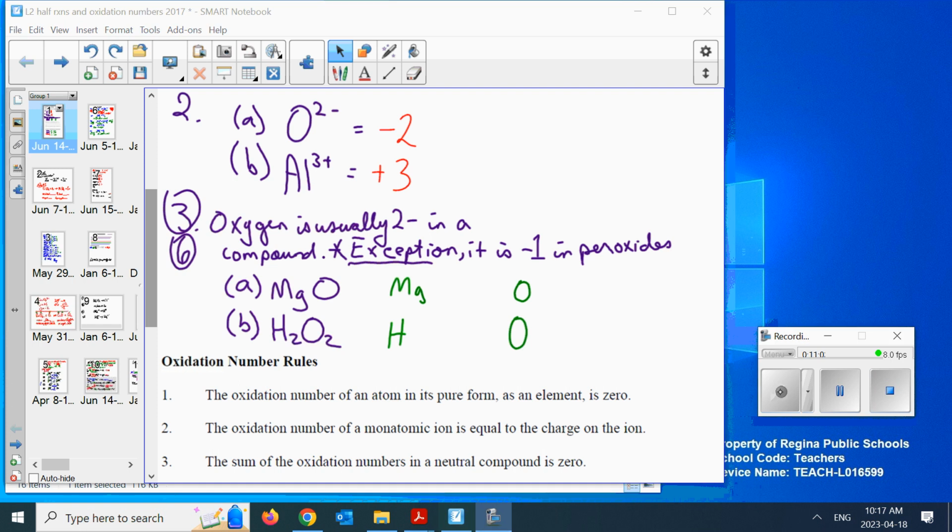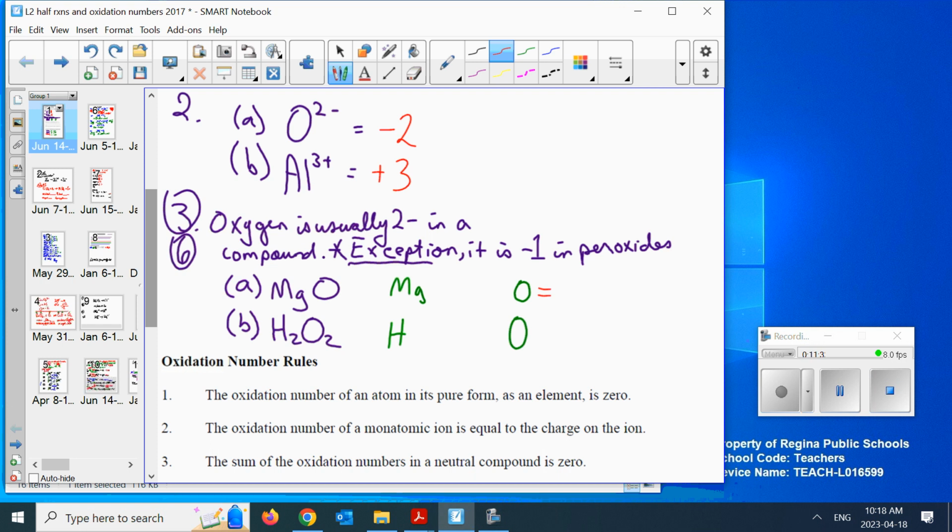So I say 3 and 6 are the rules that pertain to MgO and H2O2. In MgO, oxygen is usually -2 in a compound, unless it's a peroxide. I will tell you if something's a peroxide. But this one is MgO, a metal with oxygen. So I go about it this way. I wrote down in green Mg, and ask, what is the oxidation number of oxygen?